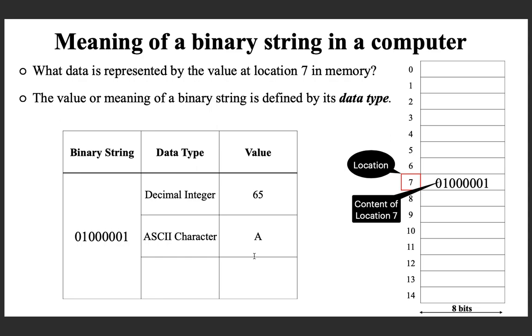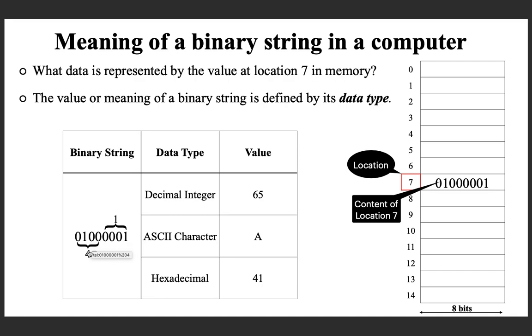There is no such data type in C language, but suppose in a programming language there is a hexadecimal data type. Then the value represented is 41 in the hexadecimal representation. Why? Because in the hexadecimal number system, 4 binary bits are assigned to a hexadecimal digit. So this is 1, this is 4.